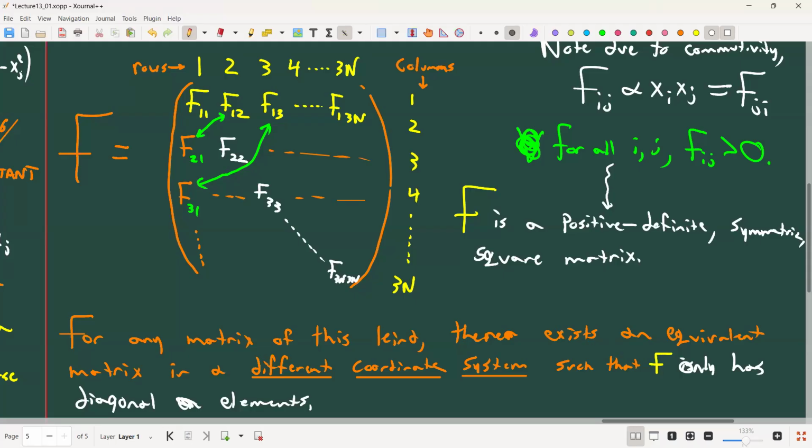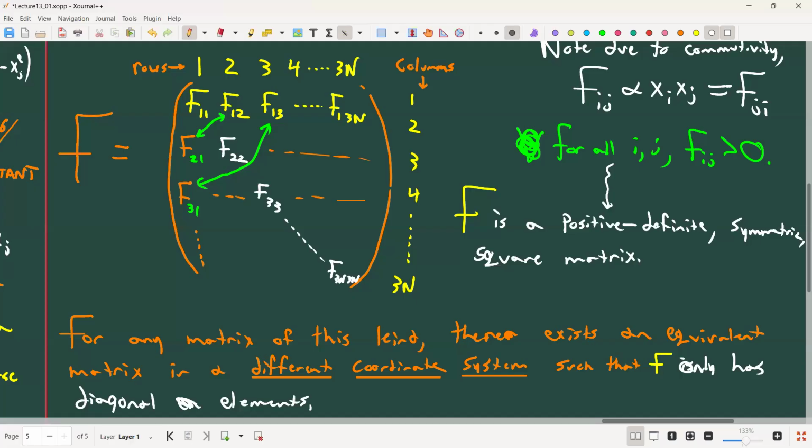What does that mean for them to be along the diagonal? Well, remember what I said about motions that are correlated. If, let's say, for instance, F21 is non-zero, that means when I move coordinate 2, it affects the force along coordinate 1. Right? So think about the second coordinate being some atom, and the first coordinate being another atom.